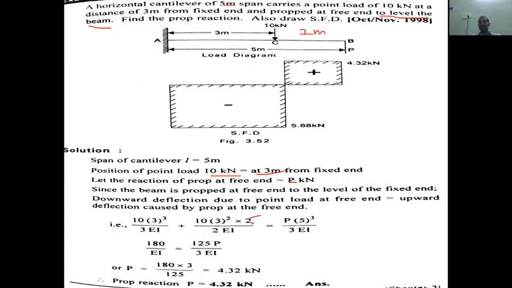This is L minus A. You can simplify, all the numerical values are there except P. So it will finally be 180 by EI.